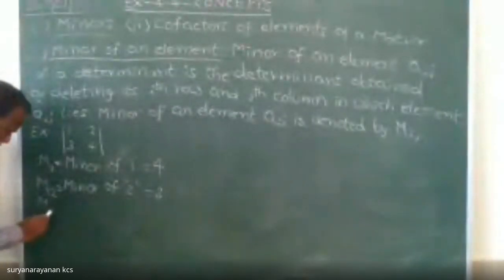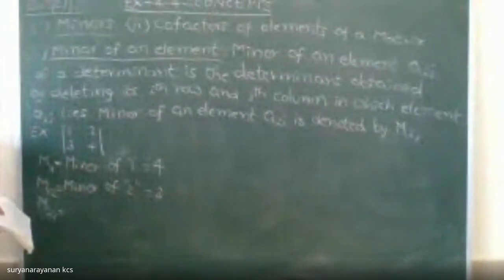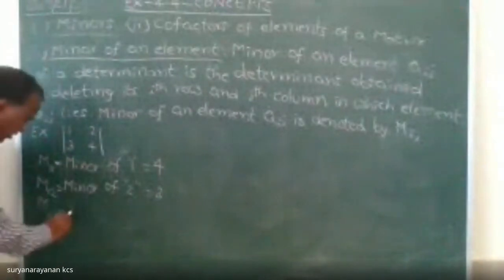M21 denotes minor of the element which lies in the second row, first column.